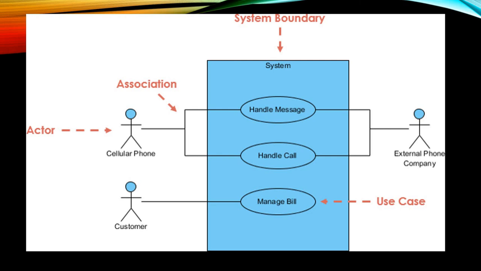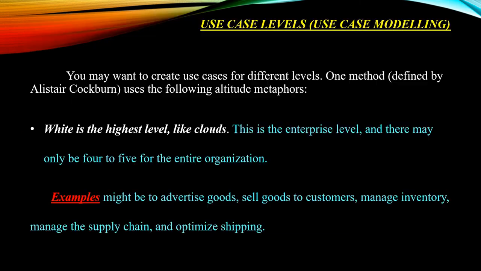The actors here are a cellular phone customer and the external phone company. And you can see these lines, these are all the association links showing how the actor is associated to the use case in a system. Let's move on to the use case levels.